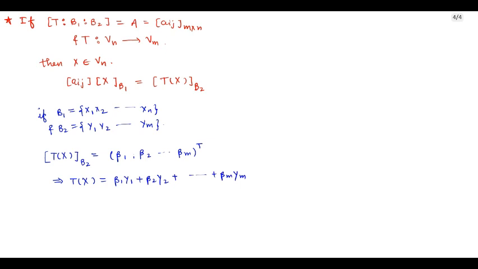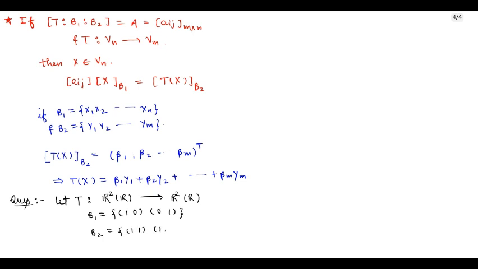Now we have a question for you. Let T be a transformation from R2 over R to R2 over R. And we define B1 is equal to (1,0),(0,1) and B2 is equal to (1,1),(1,0).